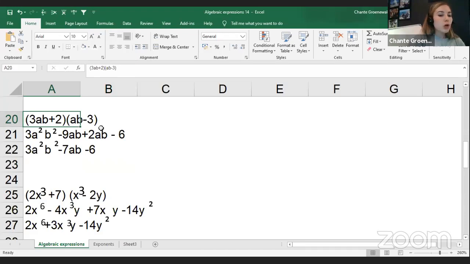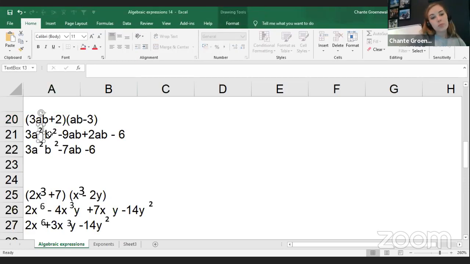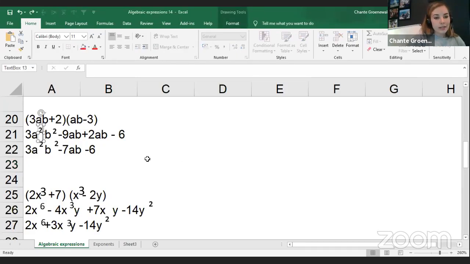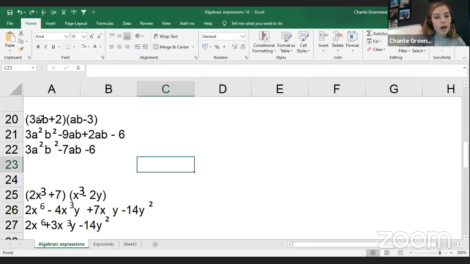You can't just write AB to the power of 2, and it's not that. It's this, because I'm timesing the A by the A and the B by the B. Again, look out for your terms.